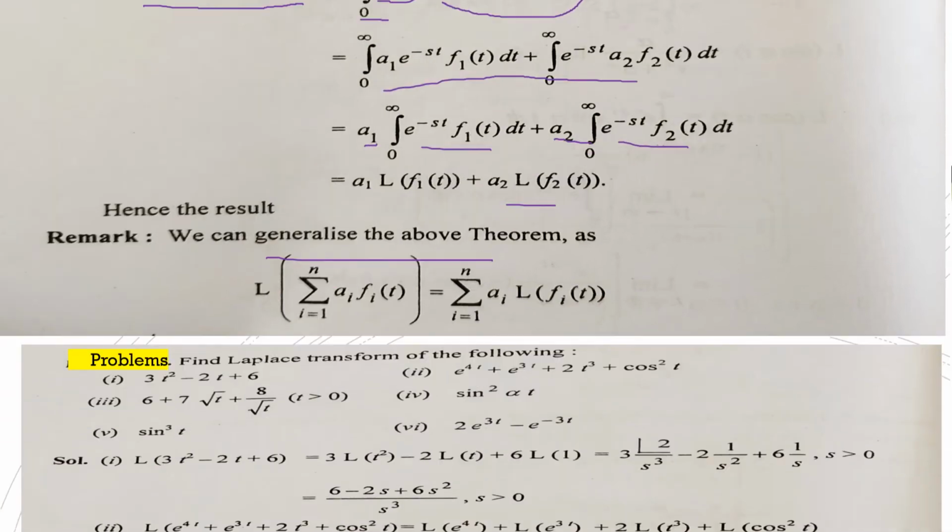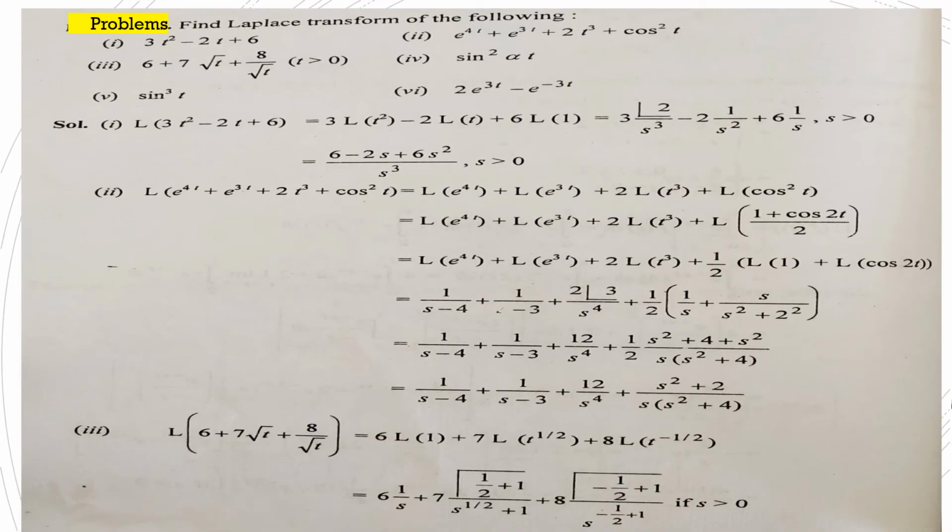Now we will solve different problems related to the Laplace transform. Students, first of all, you have to learn all the formulas. If you learn all the formulas, then it is very easy to do all the problems. The first problem is to find the Laplace of 3t square minus 2t plus 6. We will use the linear property discussed in the previous slide.